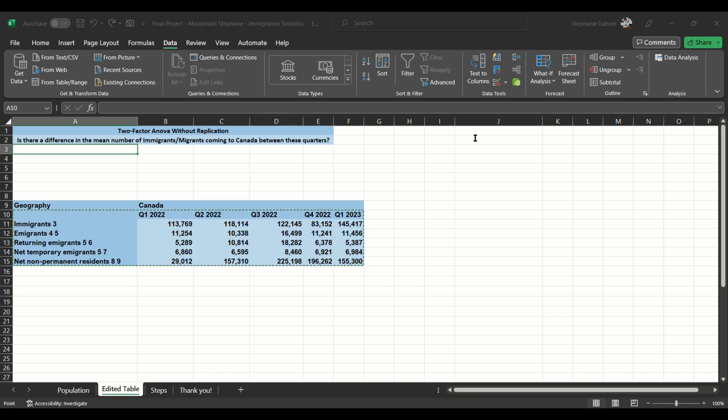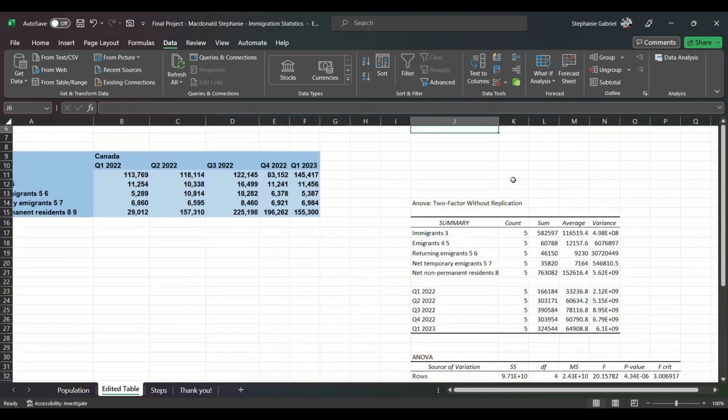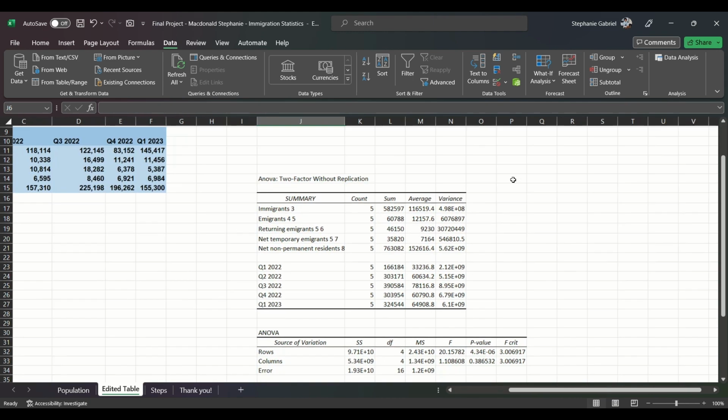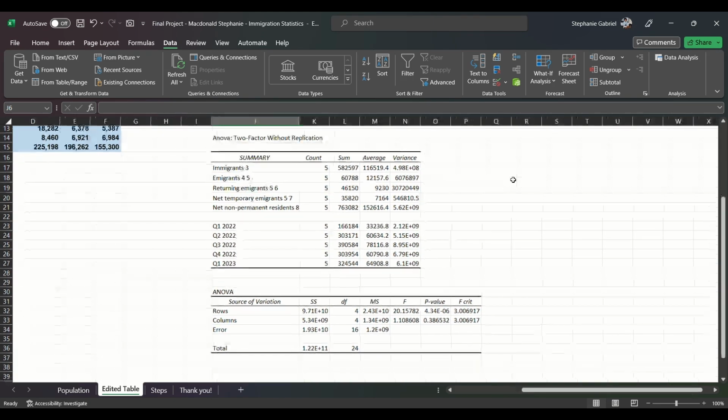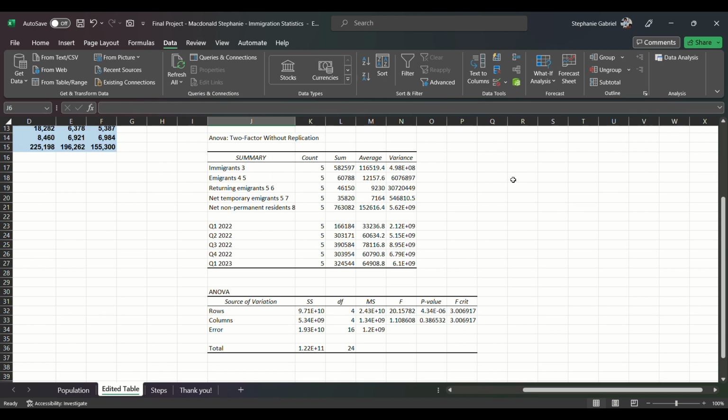So we want the input range. I like to have the labels included. And the alpha, which is the significance level, is 5%. Then the output range, I think putting it there is just fine. And there we go. So this is our result, the ANOVA analysis.